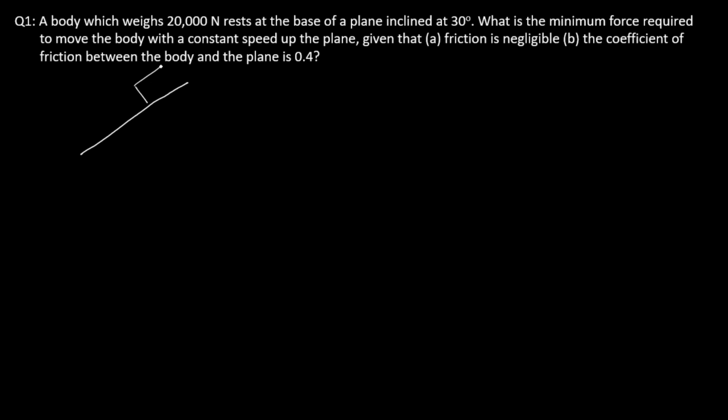So this is the body, inclined at an angle of 30 degrees. Okay, now we have established before now that the component of the weight down the plane is mg sine theta, and the component that is perpendicular to the plane, now this is its weight here, W equals mg, and the component of that weight which is perpendicular to the plane is our mg cos theta, where this of course is our theta, which has been given as 30 degrees.